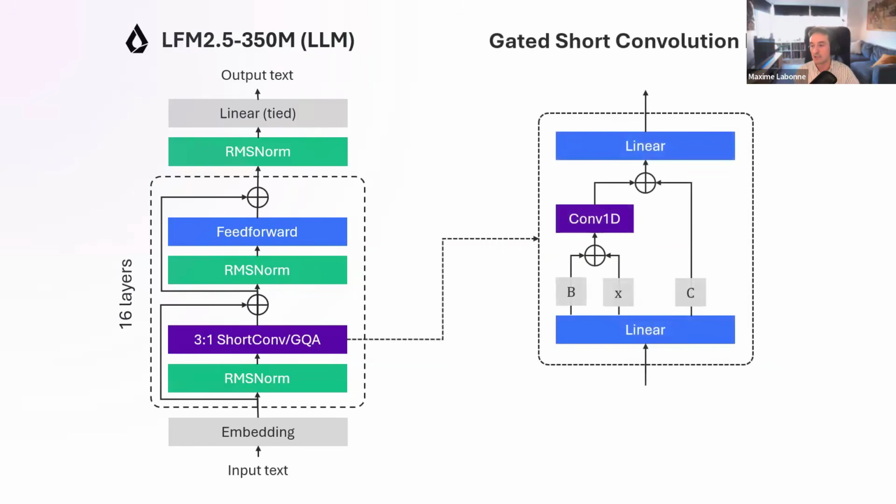And here you can see a representation of this short conv, also called gated short convolution block. And if you want more information about this, we have an LFM2 technical report online, so you can find all the relevant information about how it was designed.